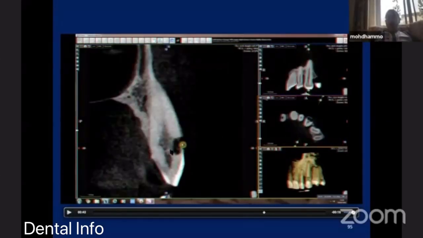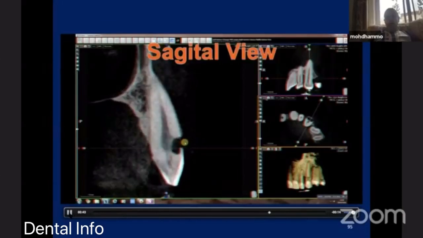When you look at the sagittal view here, you can know how much we have a cervical resorption here. And this cervical resorption affected the pulp, and we need now to make root canal treatment.